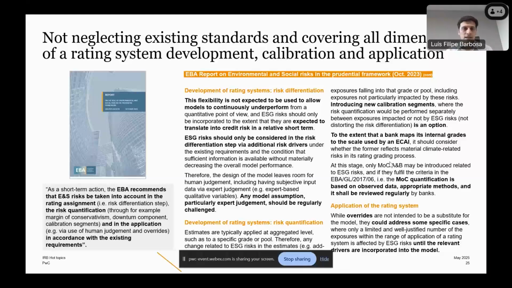We all know, and people engaged in model changes know, that whenever you have new calibration segments, you need to demonstrate that they have a specific meaning and are materially different from other segments. But in reality, we understand the solution in practical terms. Sometimes it's not so easy to justify them over time.